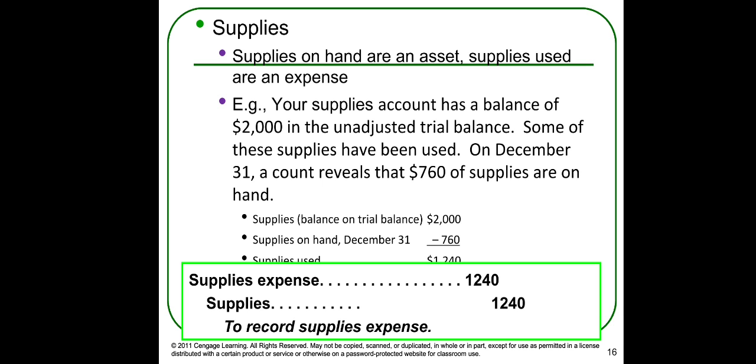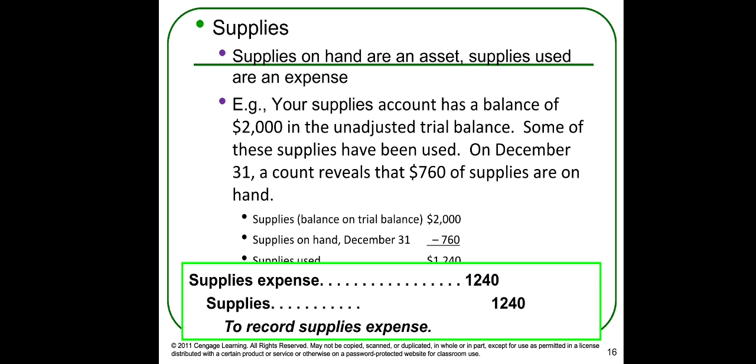So why do you debit supplies expense? Because according to the rule of debit and credit, when an expense increases, you debit. So the supplies expense account increases from 0 to 1,240.